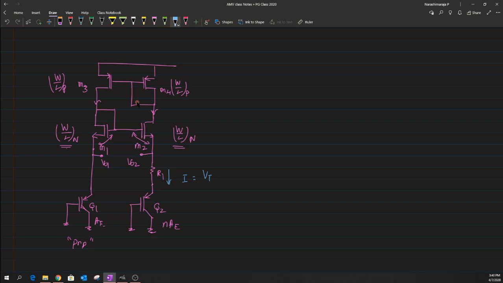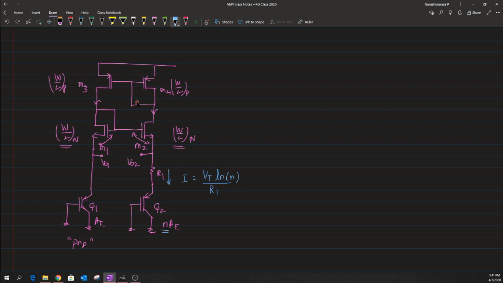That is nothing but delta VB, and the value of delta VB can be written as Vt into ln of n factor, and the n is taken from this particular quantity. When it gets divided by the resistance value of R1, we would end up having a current here.